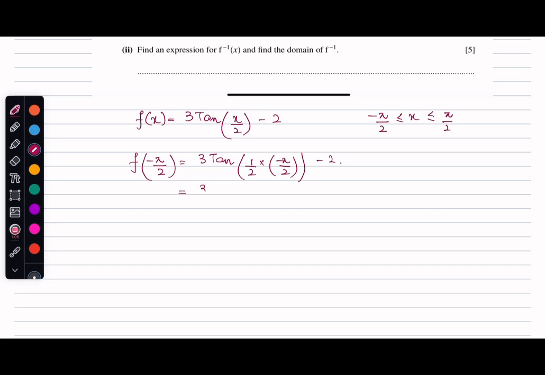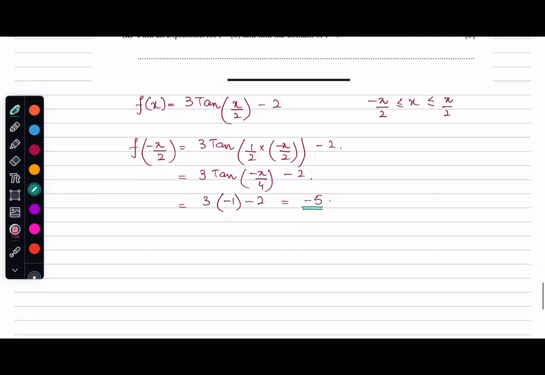So 3 tan negative pi by 4, which we know is negative 1. So I'll write it as 3 times negative 1 and a minus 2, and this comes out to be negative 5, meaning f of negative pi by 2 gives us negative 5.